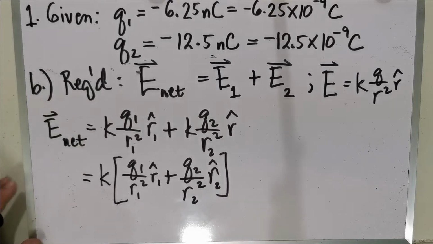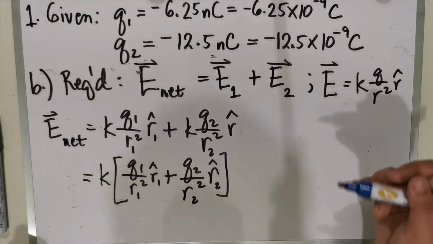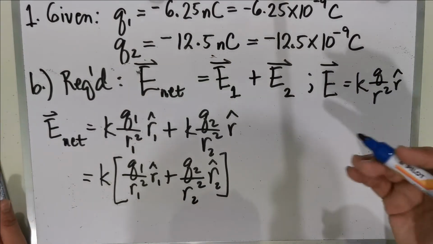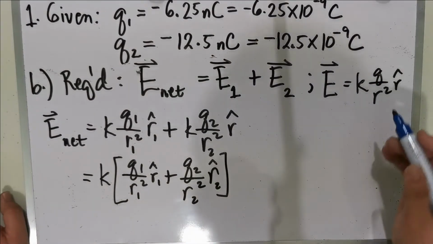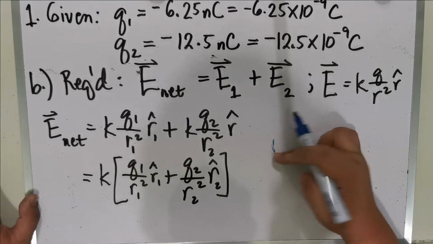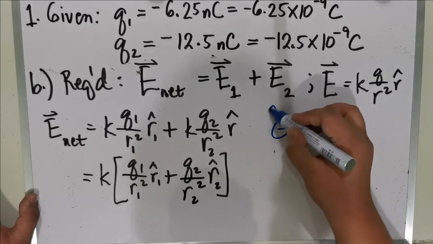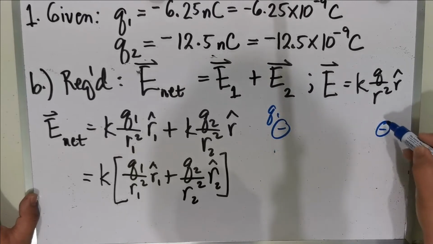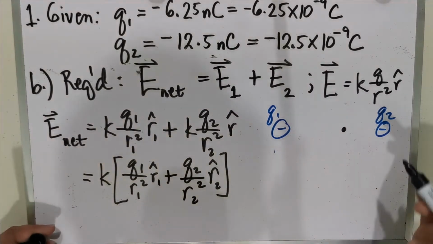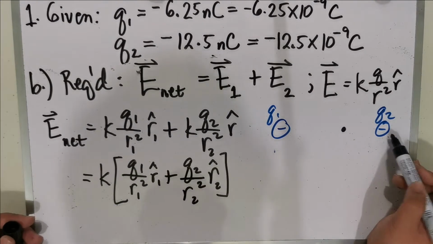As I said earlier, if we try to draw the unit vector R from each charge, let's say this is our Q1, and then you have our Q2 here, the R hat vector is always from the source point to the field point.